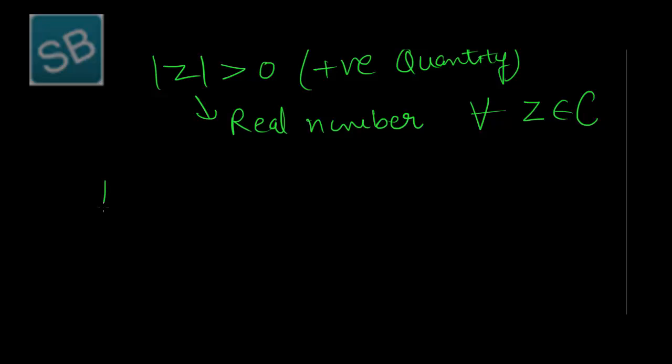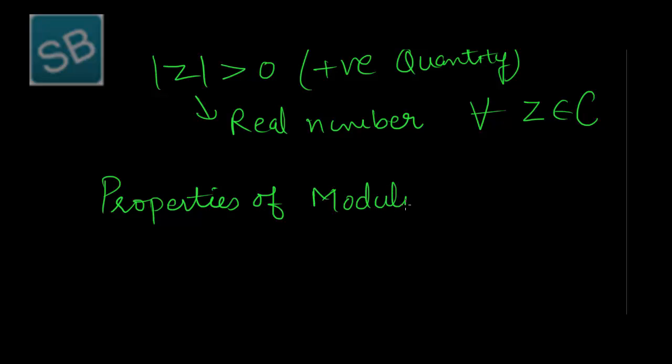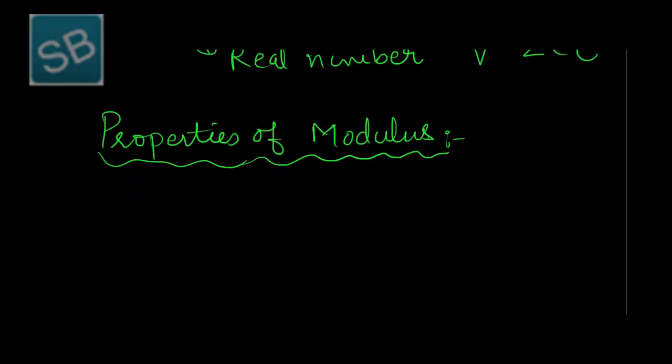So the next topic is properties of modulus. The first one is: mod z is equal to 0 if and only if z is equal to 0.